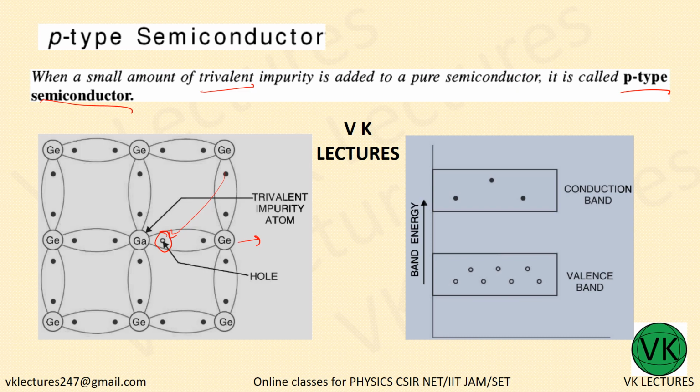Now look at this: in the conduction band there are electrons, and in the valence band you have holes. Even though the conduction is done by the electrons, they are actually coming and occupying these spaces, making these holes. So indirectly we can say that holes are responsible for the conduction in a p-type semiconductor.